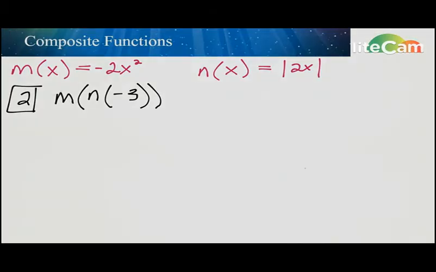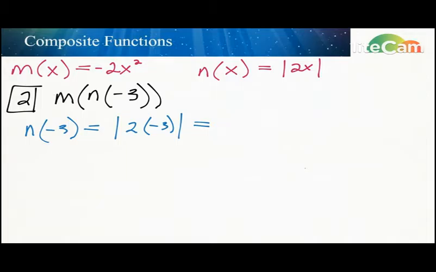So I'm going to find n of -3 first. And remember, that's an absolute value, and that means times -3 there. So that's going to make a -6, but the absolute value of -6 is going to be +6.